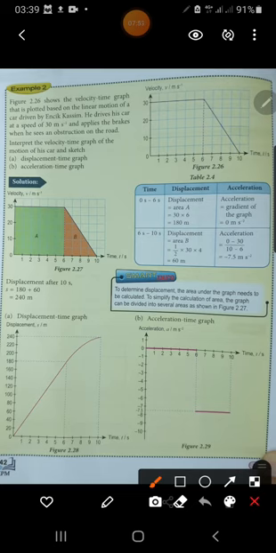As usual, you have to know how to interpret this graph.